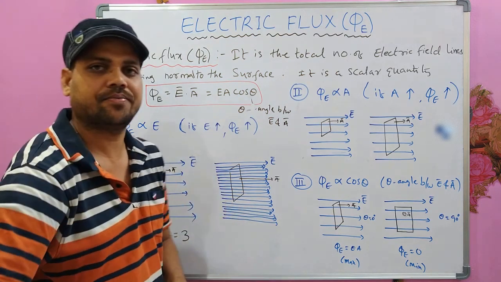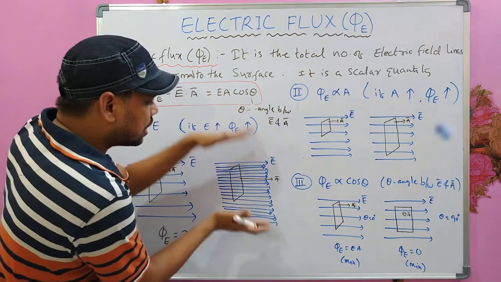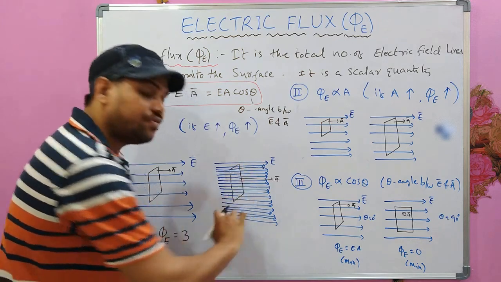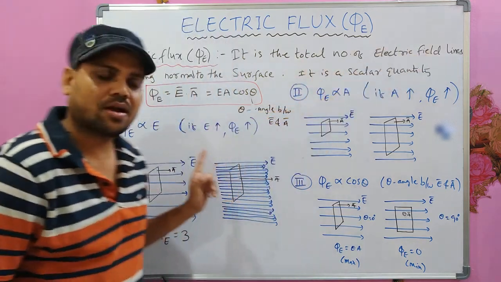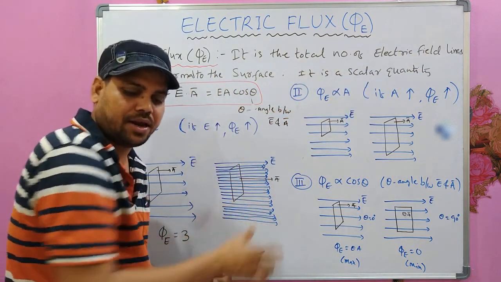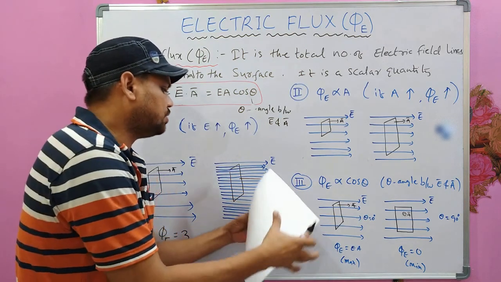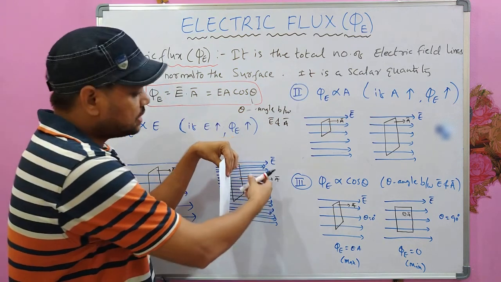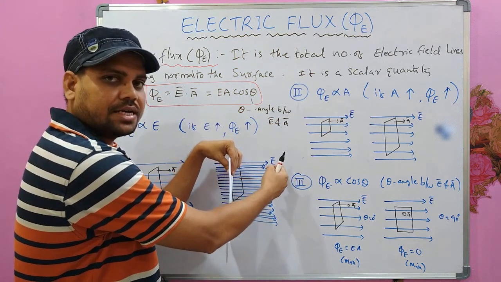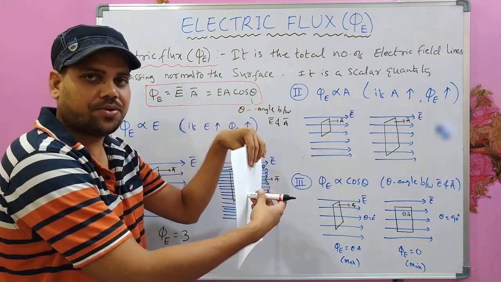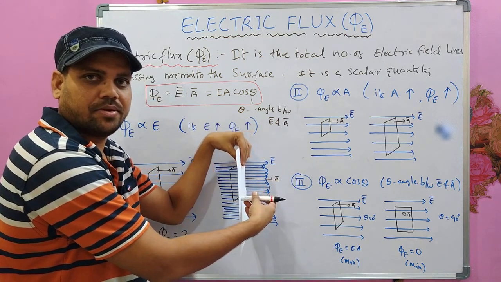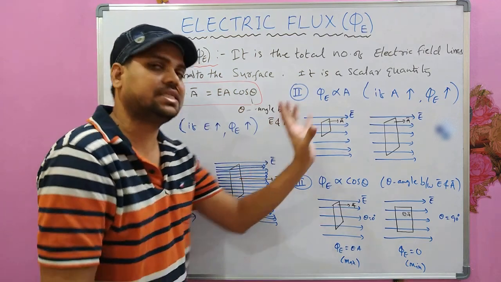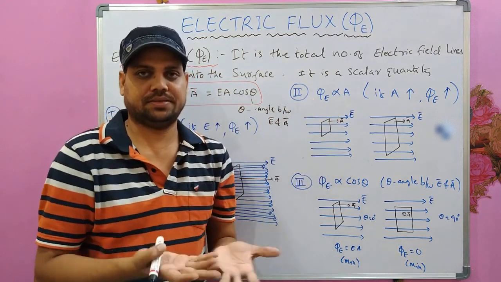Electric field lines are closer to each other. In this case also the angle between electric field and area vector is 0, but the only thing that I have changed is that the electric field strength is increased.